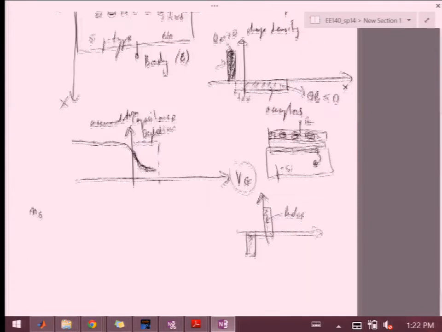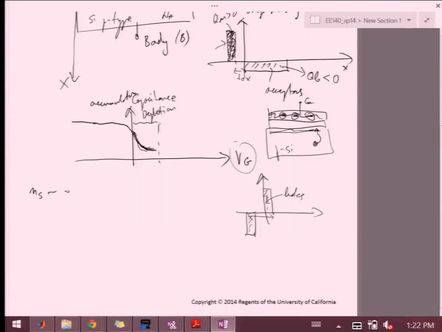So this minority charge is actually proportional to the exponent of the surface voltage. Right? In base, we had this situation that at NP of 0 was e to the VB over VT. And so here is the same. It's going to be some surface potential over VT.